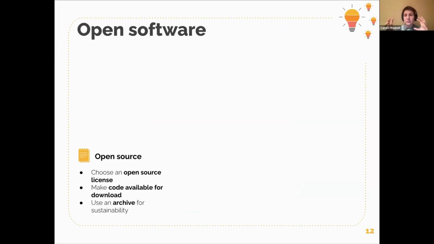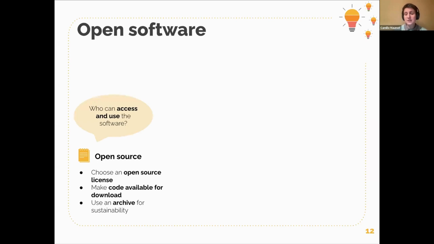And here, again, the bases are the same. So making a software open means, of course, first using an open source license, making the code available, and using an archive for sustainability, long-term preservation. And this answers the question, well, who can actually access your code and use your software?